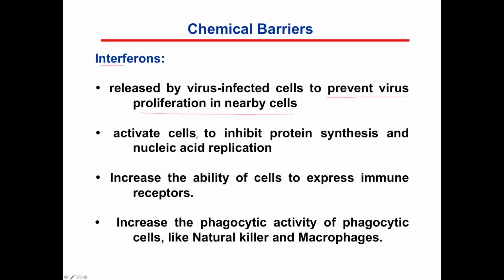They activate cells to inhibit protein synthesis and nucleic acid replication. They increase the ability of cells to express immune receptors, and increase the phagocytic activity of phagocytic cells like, as we'll see, natural killer cells and macrophages. So these interferons are really good because they can help in modifying cells.